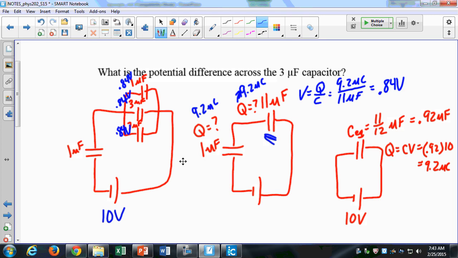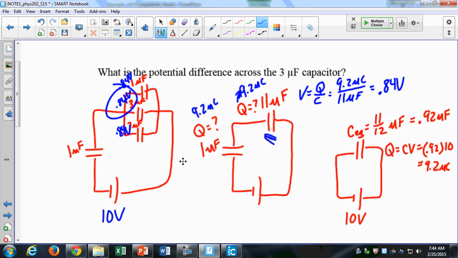Right, remember, for our rule number 4, with capacitors in series, the voltages have to add up to equal the total voltage. So this voltage, 0.84, which is right here, plus this, that's equal to this, 9.16. Don't worry, we'll get the hang of this. We're going to do several examples. Alright, so then this was asking for the potential difference, so it's 0.84 volts.